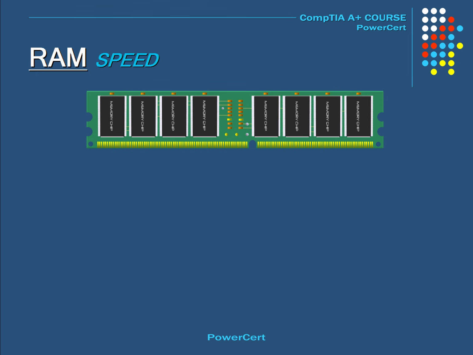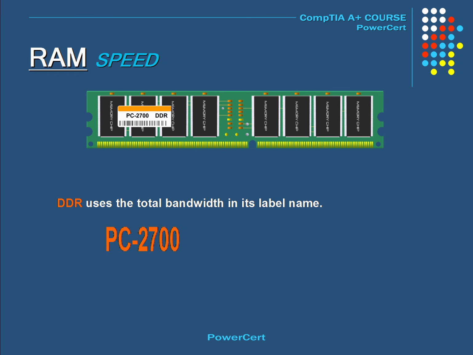DDR is also labeled differently than non-DDR RAM. Instead of including the clock speed in its name, like PC133, where 133 equals the clock speed, DDR uses the total bandwidth instead. For example, in a DDR DIMM labeled PC2700, the 2700 is not the clock speed, but the actual total bandwidth.